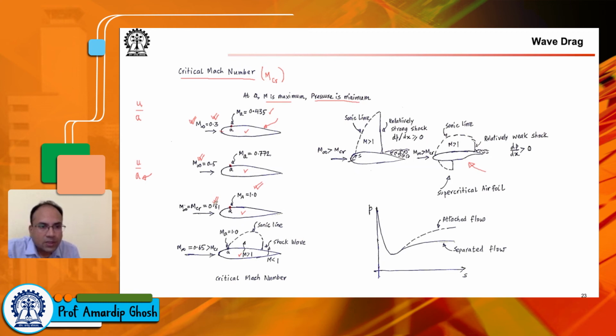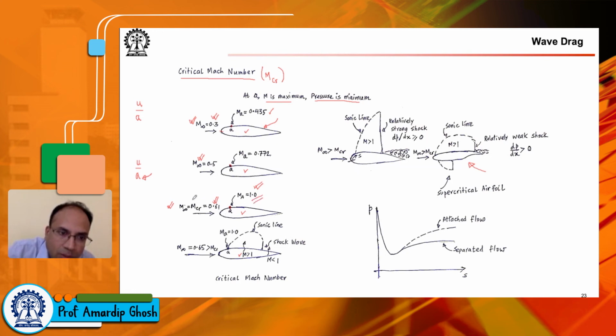So this is known as the critical Mach number for this particular airfoil. It doesn't mean that 0.61 is the critical Mach number, like a universal constant. It's not the case. So Mach 0.61 is the critical Mach number for this airfoil, because when we crank up the flow to reach M infinity equal to 0.61, the flow at that location A, where the Mach number is maximum, becomes sonic.